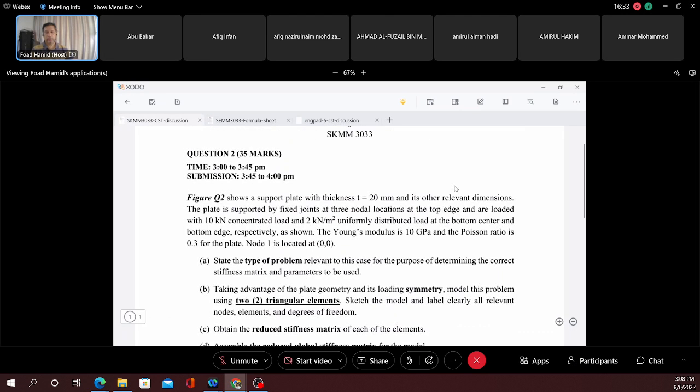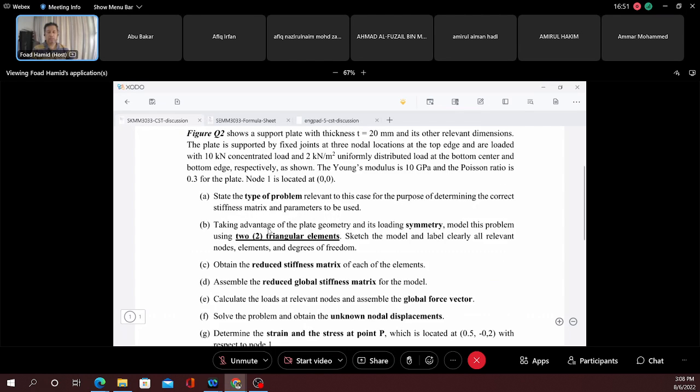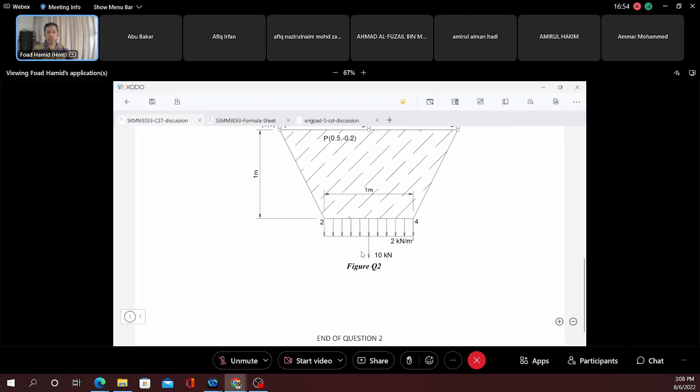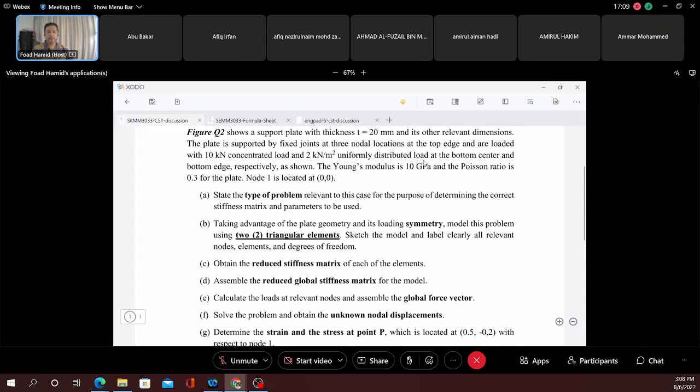So the plate is supported by fixed joints at 3 nodal locations at the top edge and is loaded with a 10 kilonewton concentrated load at the bottom center and a 2 kilonewton per meter square uniformly distributed load at the bottom edge.